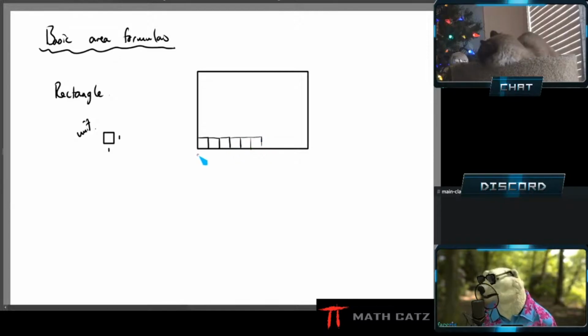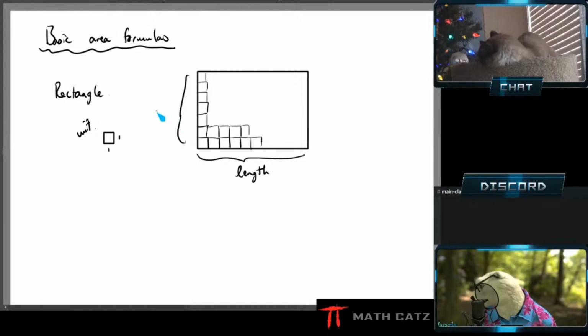So of course, it's going to be the number of squares I can fit in to make a row, and then I'll stack the rows. So I'll have a number of squares that can fit here, depending on the length of my rectangle, and the number of rows will depend on the width of the rectangle. You can call it the height as well, doesn't matter.